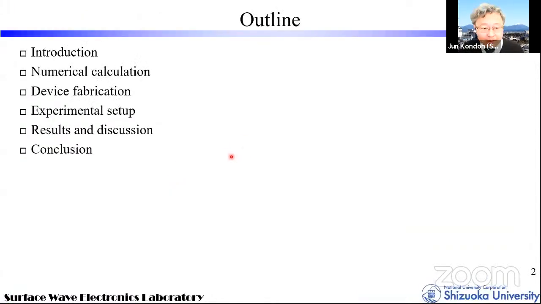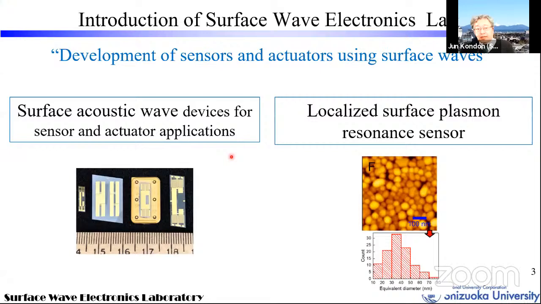This is the outline of my talk. In my laboratory, we have investigated sensors and actuators using surface waves. One surface wave is the acoustic or ultrasonic surface wave, which we call surface acoustic wave. This is for sensor and actuator applications. The other is localized surface plasmon resonance.